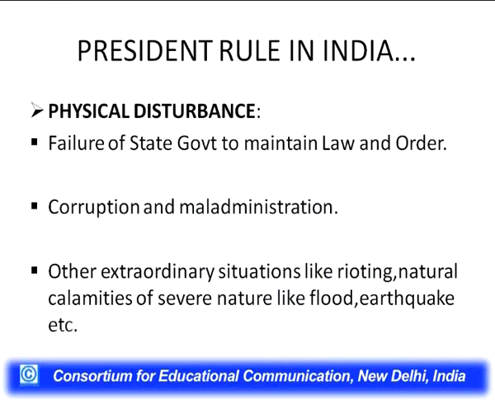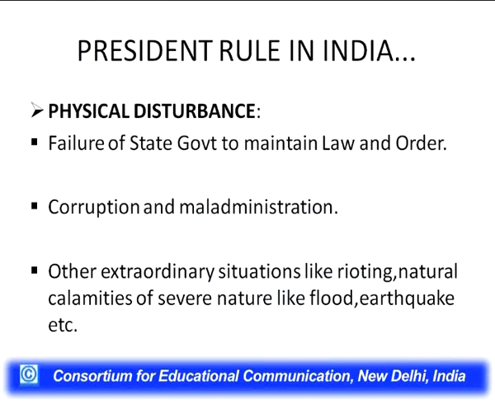This kind of tactic cannot be adopted by the president by using the institution of the governor to dislodge or thwart the possibility of having a democratically elected government in that particular state. So, these are some of the political disturbances specified by the constitution's makers, the constitutional experts, on the basis of which President's Rule may be imposed by the president under Article 356 of the Constitution.